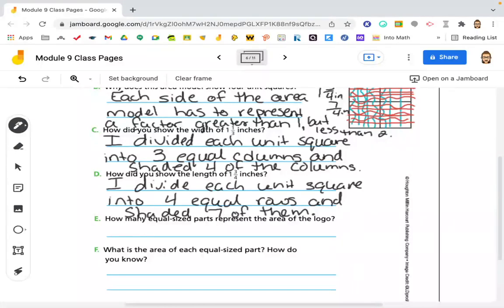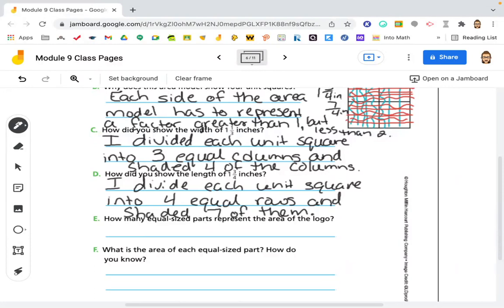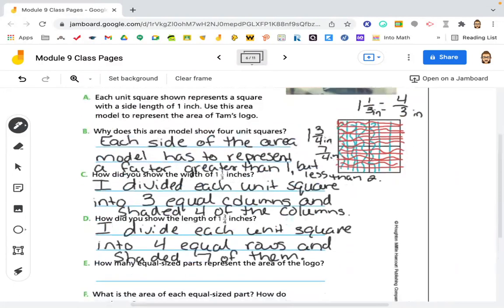So it says, how many equal sized parts represent the area of the logo? Well, that would be the double shaded section, which we shade it in 4 this way and 7 this way. So 4 times 7 is 28 equal sized parts.